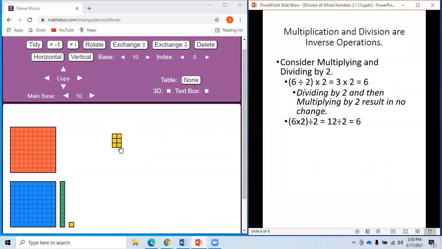What happens if we have 6 and we multiply that by 2 and then divide by 2? So let's multiply our 6 by 2 and create another column of 6 next to the one we have. And I can see now that I have 12 blocks. I need to divide my 12 by 2. So let's divide this into groups of 2.